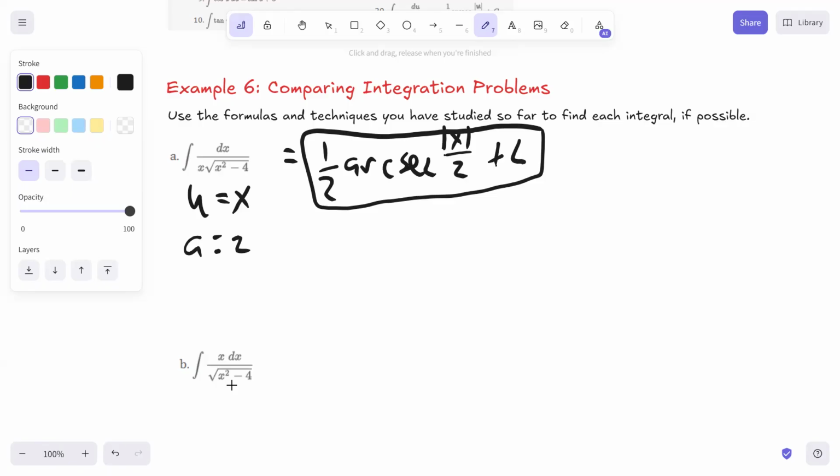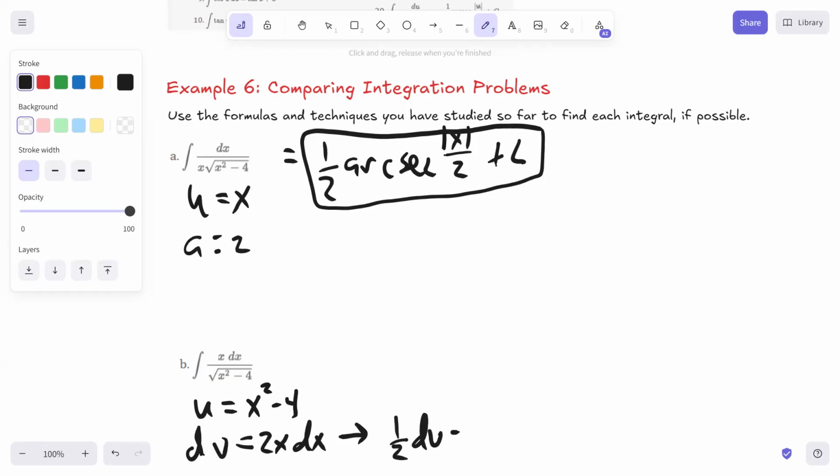So with this one, you're going to let u equal x squared minus 4, and du is going to be 2x dx. The way we know to do that is because x is kind of the derivative of the stuff inside the radical, which we can adjust for a constant. So we would have 1/2 du equals x dx.